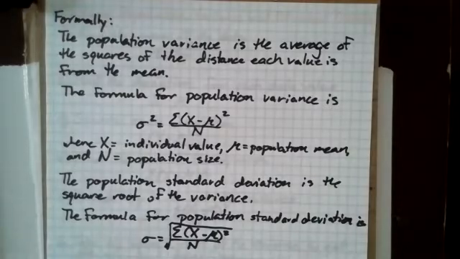The population standard deviation is the square root of the variance. The formula for population standard deviation is sigma equals the square root of the sum of x minus mu quantity squared all over n.